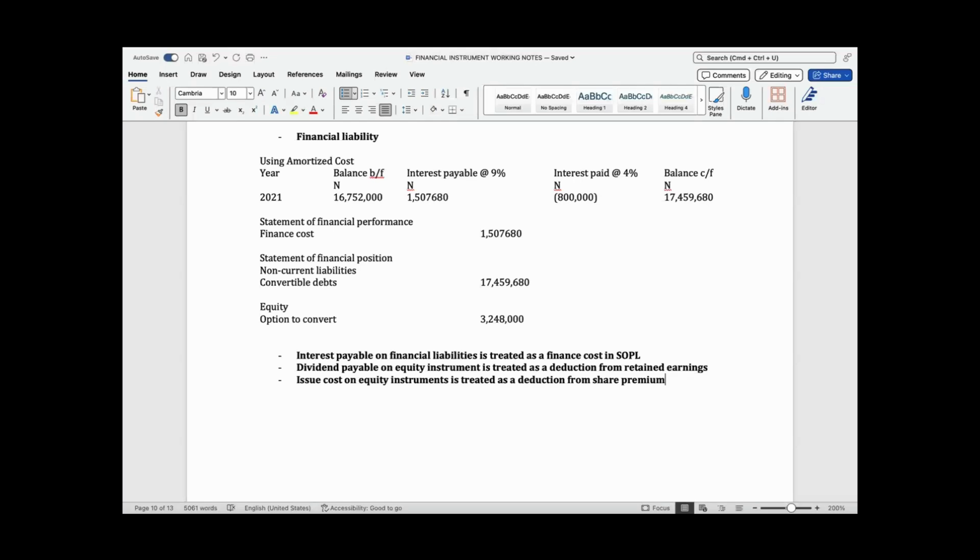I told you that one is added to the financial assets or expense, depending on how the financial asset is classified. And for financial liability, issue cost is usually deducted from the proceeds of the issue, while issue cost on equity instrument is treated as a deduction from share premium. It's important you note all of that.